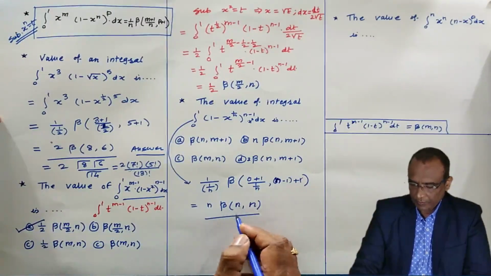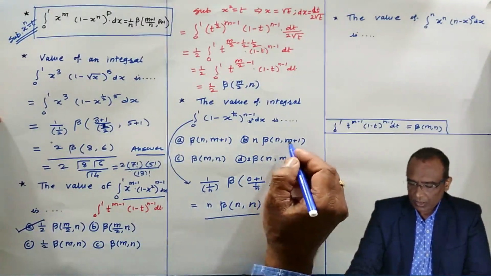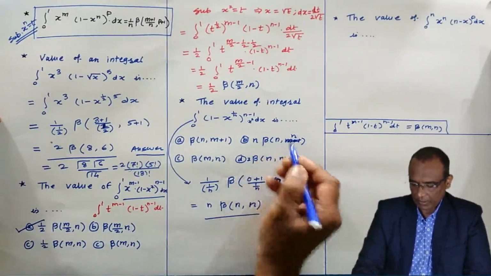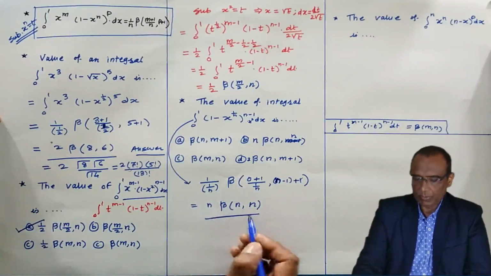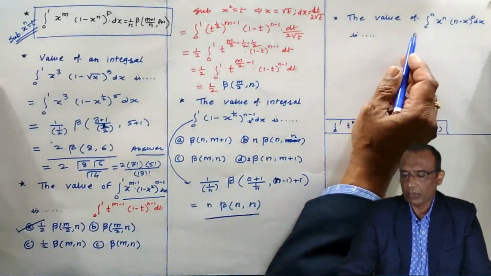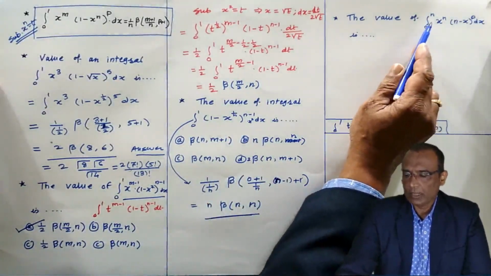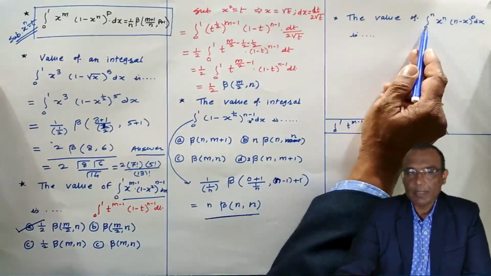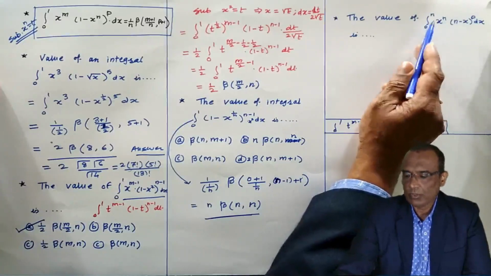Now here in option this should be n even. Beta n comma n is the value of this integral. Now the value of this integral, I want 0 to n, x to the power n, n minus x to the power p. For beta function I want 0 to 1.